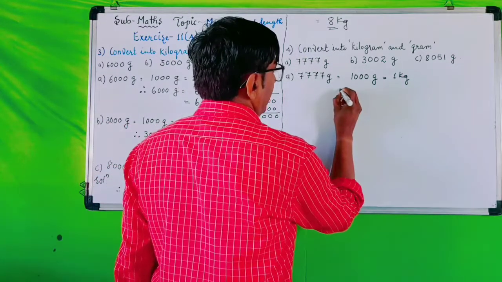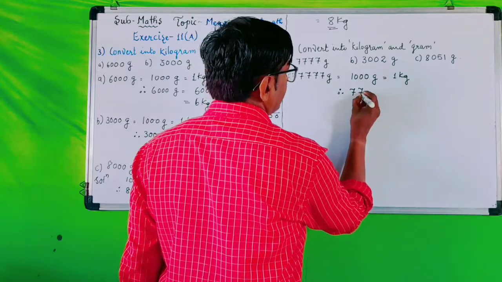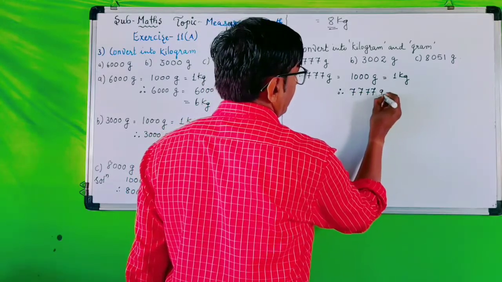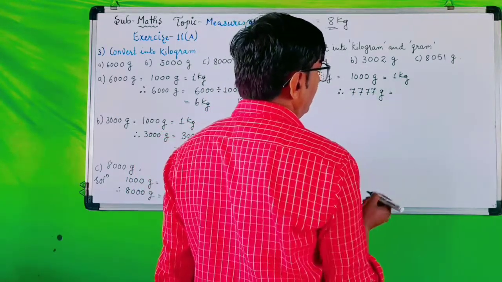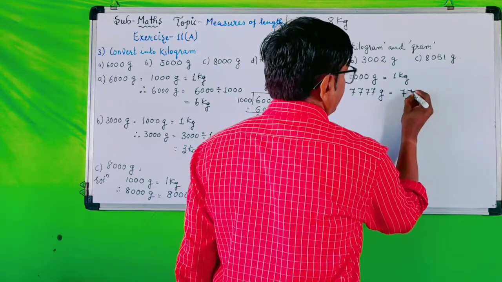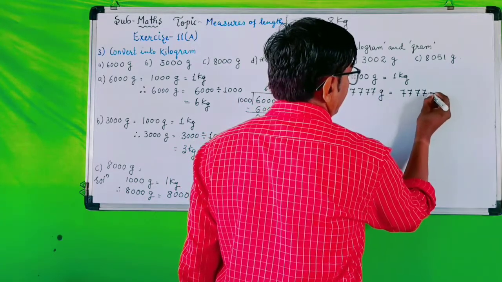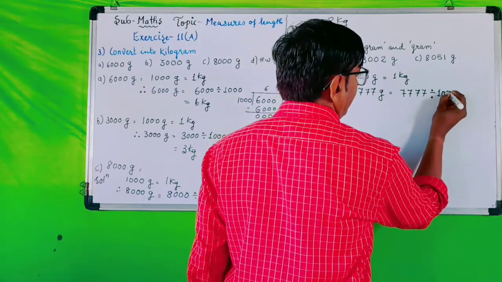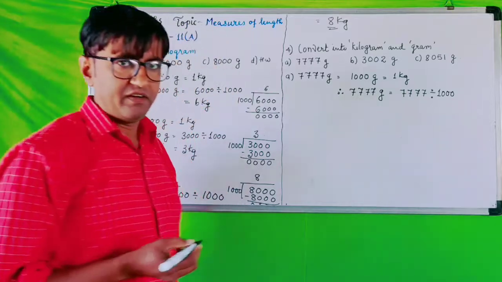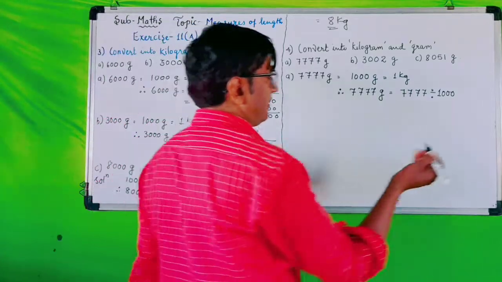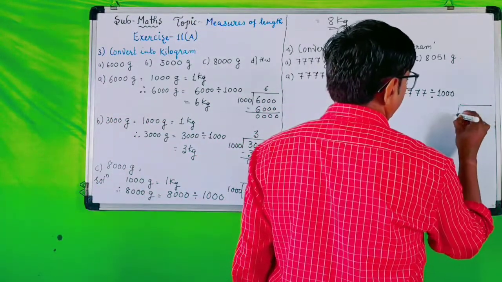And therefore, 7,777 gram equals 7,777 divided by 1,000. Directly we will do. We will divide here. Okay? That is an easy method for you, I think.